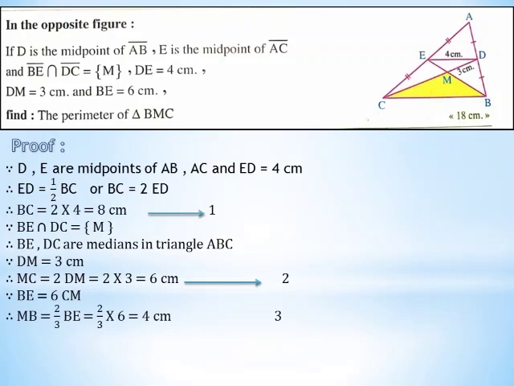So for MB, 2/3 times the whole median, 6, equals 4. So MB equals 4 centimeters. From 1, 2 and 3, by adding, we get the perimeter of the triangle BMC: 8 plus 6 plus 4 equals 18.